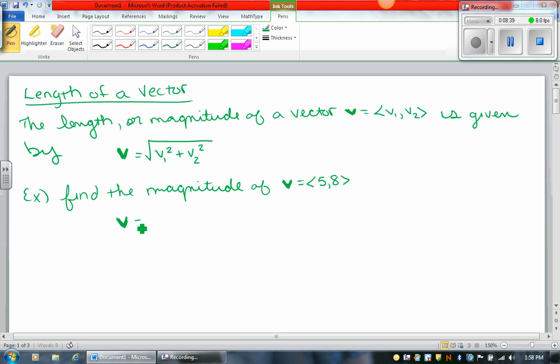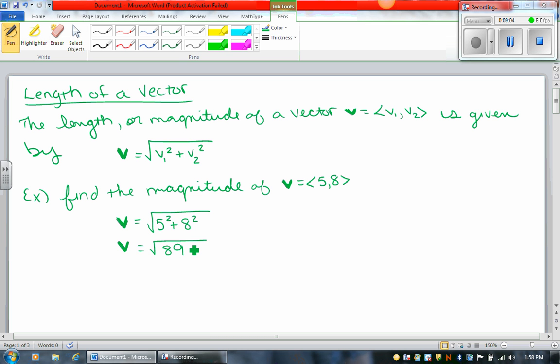We've got the square root of v sub 1, which is going to be our 5, squared, plus v sub 2, which is going to be our 8, squared. So we get 25 plus 64, which is 89. So the square root of 89 is the magnitude of the vector, okay, or the length of the vector.